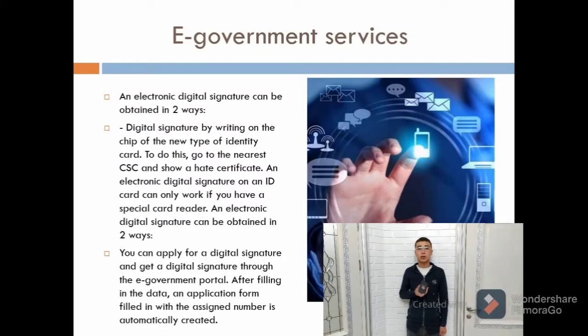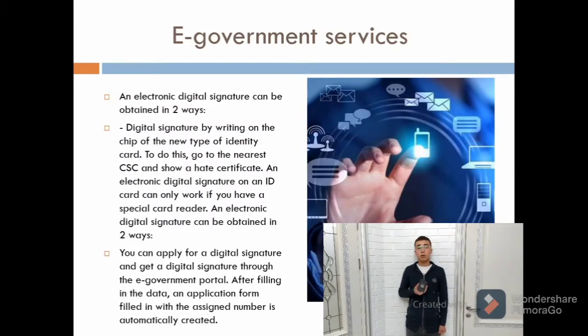The digital signature on the ID card can be used only if there is a special card reader. A card reader is a device that allows you to see digital signature documents from different computers and not have to worry about saving that signature file.